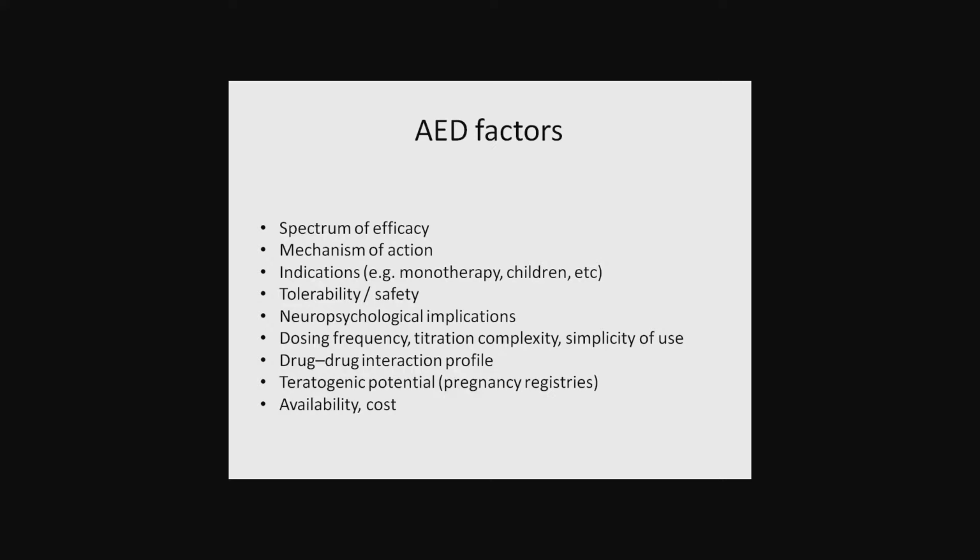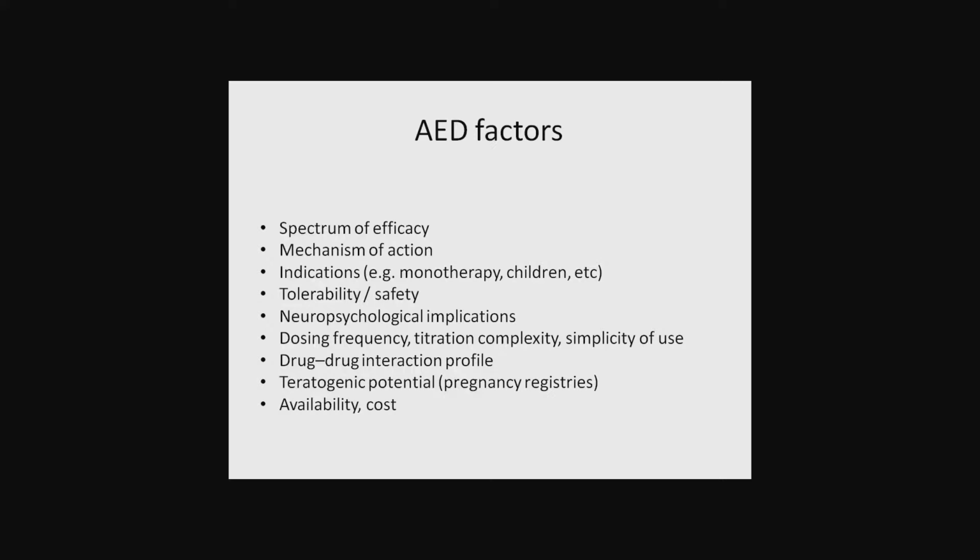Mechanism of action, for example, certain drugs act on the sodium channel, so you cannot use drugs which act on the sodium channel in an epilepsy which is caused by sodium channelopathy. For example, if the patient has Dravet syndrome, you cannot use phenytoin sodium, carbamazepine or lamotrigine. So mechanism of action is very important.